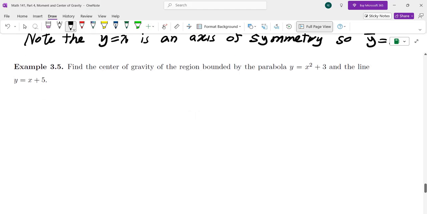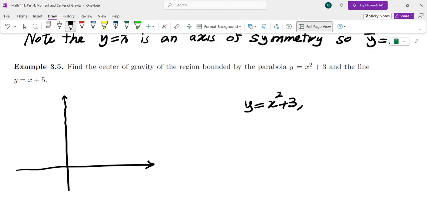Okay, next example. Find the center of gravity of the region bounded by the parabola y equals x squared plus 3, and the line y equals x plus 5. Let me first find the intersection of these two, and then I'll graph them. So y equals x squared plus 3, y equals x plus 5.